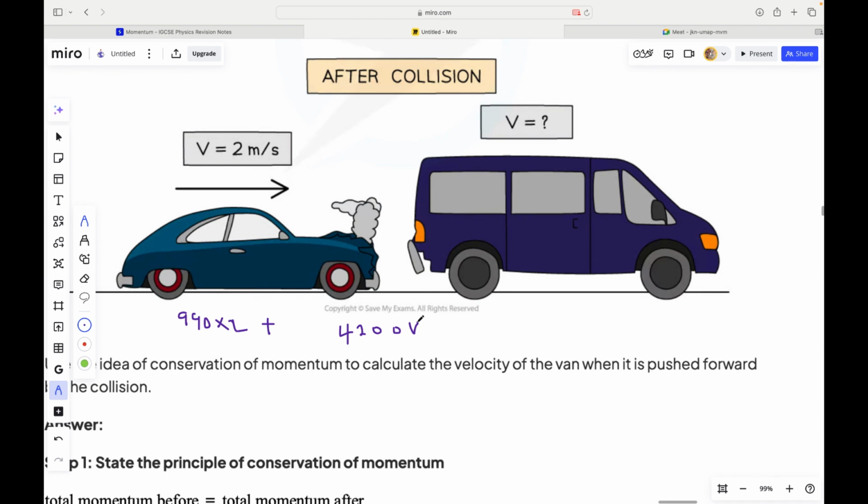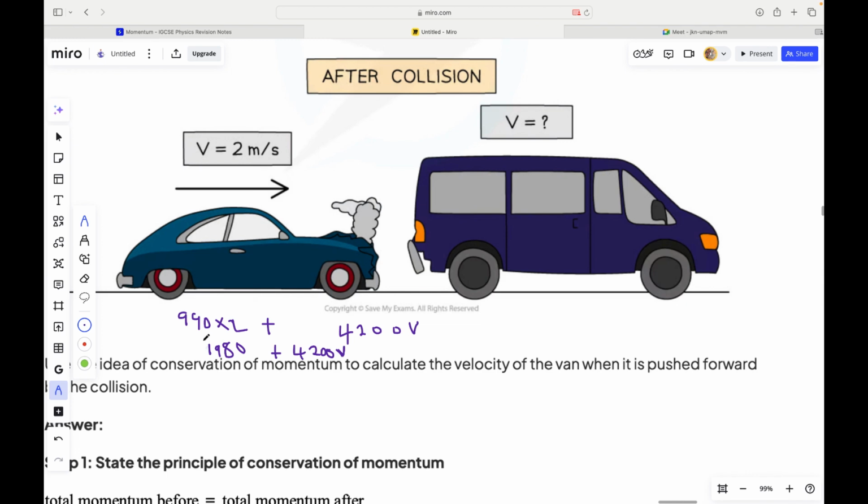So 1,980 plus 4,200 V. This is the total momentum after collision.